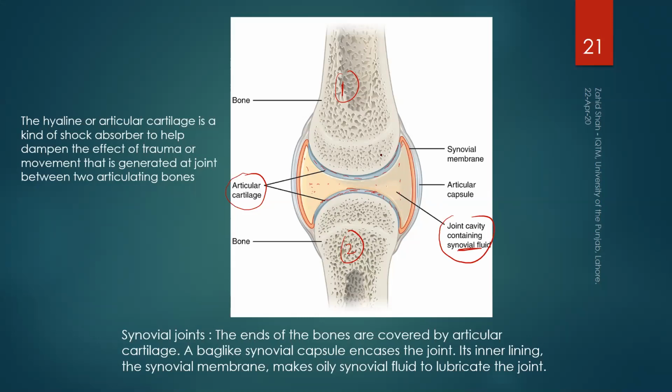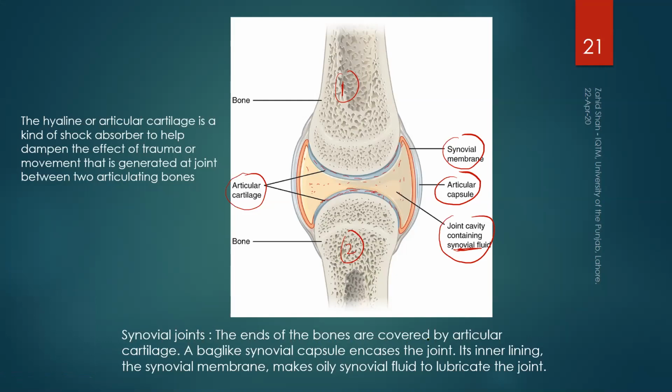You can see there are two layers around this joint. The outside layer is a capsule that encloses the joint as a whole, and the inner layer is the synovial membrane. That membrane discharges or provides the synovial fluid, and that synovial fluid keeps this area lubricated, and again this gap between two bones provides the degree of freedom.